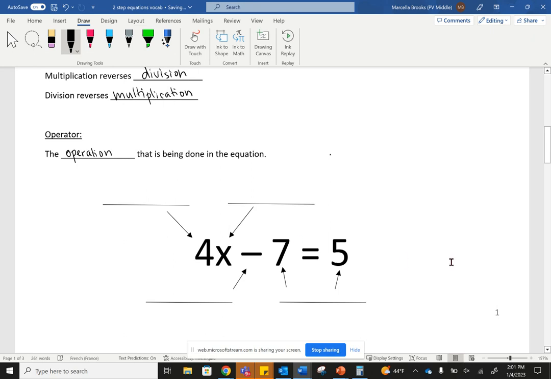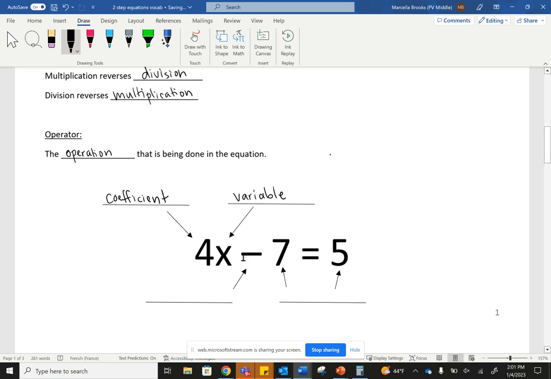So just to practice, so we can have a visual understanding of what these words mean. 4 is attached to that x, okay? So that makes it a coefficient, any number that's attached to a variable. And that leads into our next definition. x is a variable. It's a letter that stands for an unknown number.